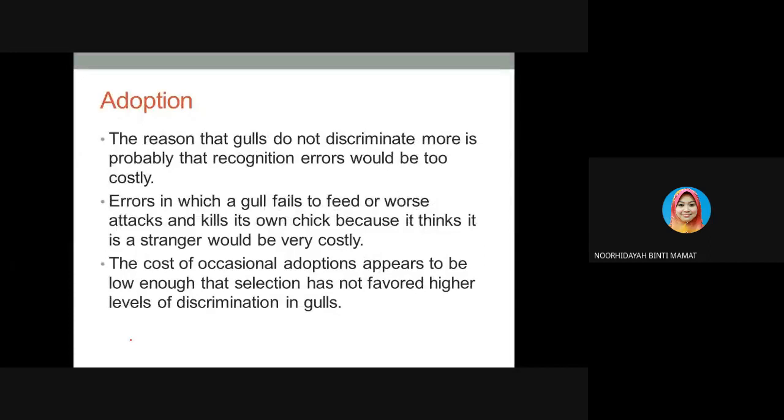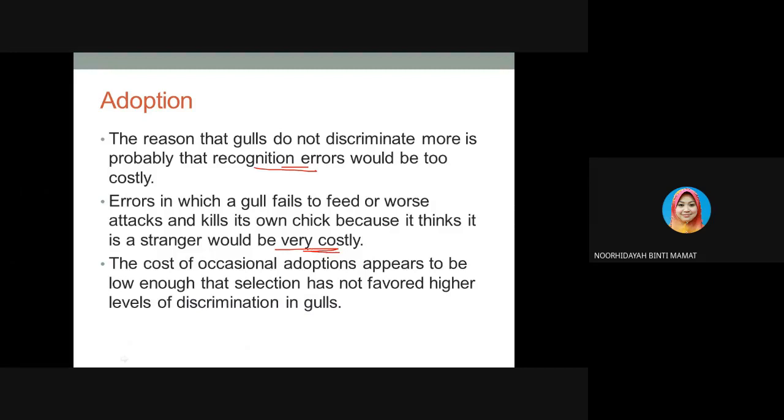And the reason why the gulls do not discriminate more is probably that recognition error would be too costly. They want to avoid the recognition error. The error in which a gull fails to feed or, worse, attacks and kills its own chick because it thinks it's a stranger would be very costly.